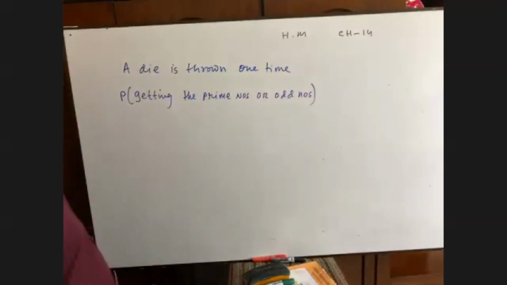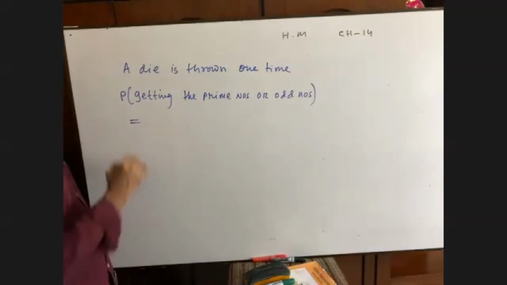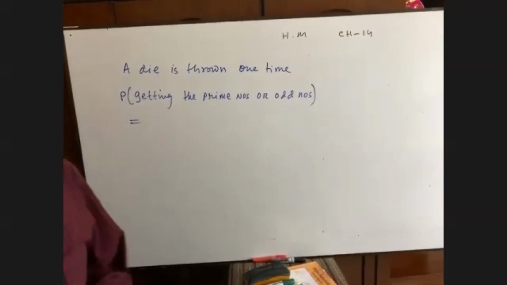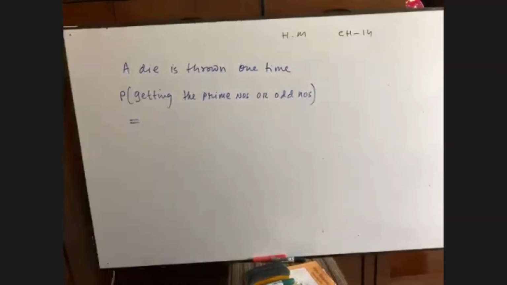What is the probability of getting prime numbers or odd numbers? What is the answer? Do it. Sir, 1.